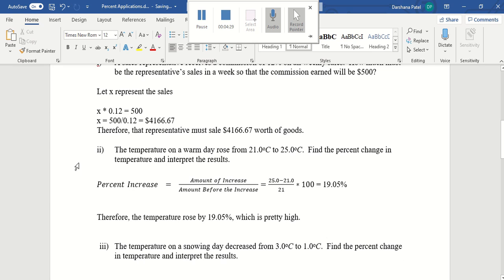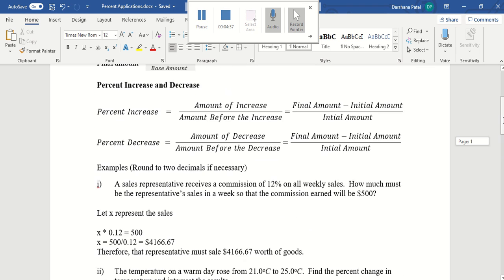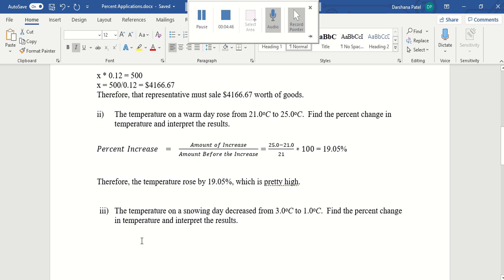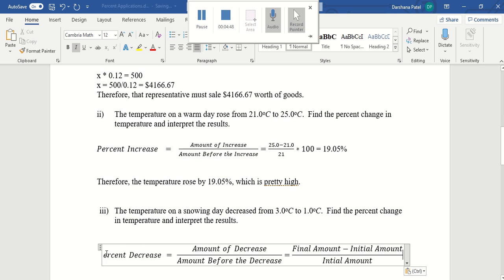On the other hand, let's say the temperature on a snowing day decreased from 3 degrees Celsius to 1 degree Celsius. Find the percent change and interpret the results. So now instead of increasing, the temperature on a wintry, snowy day is decreasing. So we can say percent decrease equals amount of decrease divided by amount before decrease.